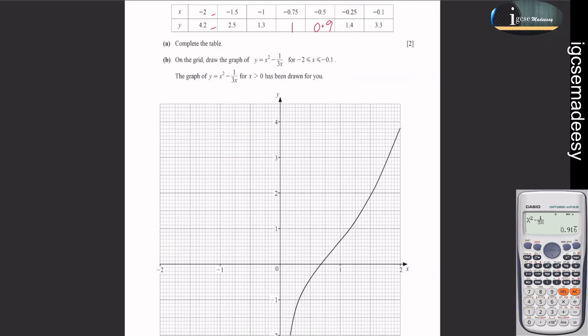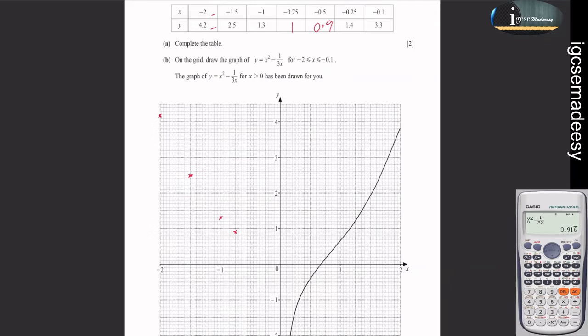So minus 2 and 4.2 will be somewhere here, this point, and minus 1.5 and 2.5 will be this point, and minus 1 and 1.3 is here, this point, and minus 0.75 and 0.9, so 0.9 is somewhere here.